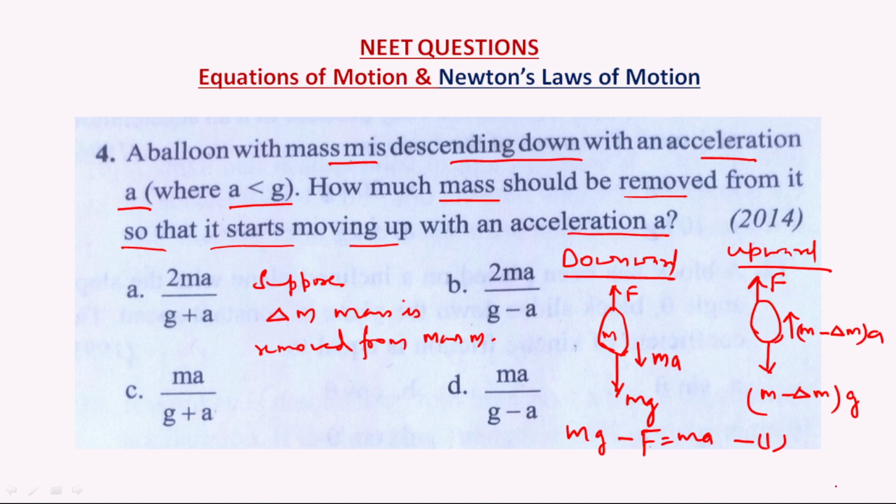Now in this case, because F is greater here, the second equation is F minus m minus delta m g is equal to m minus delta m a. This is equation 2. Now from equations 1 and 2, we can add them together so that this F, the buoyant force, will get cancelled.